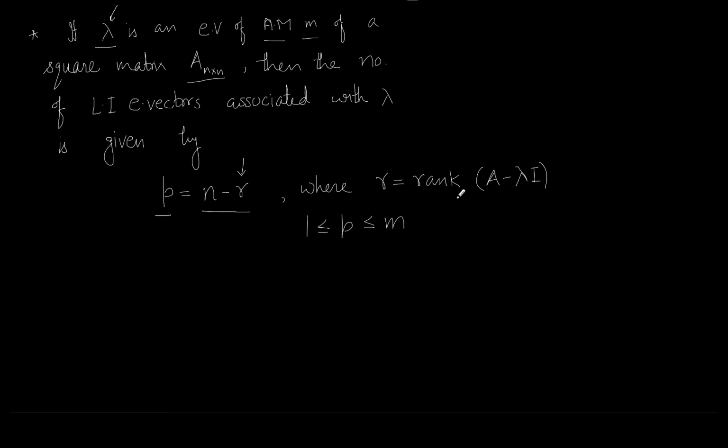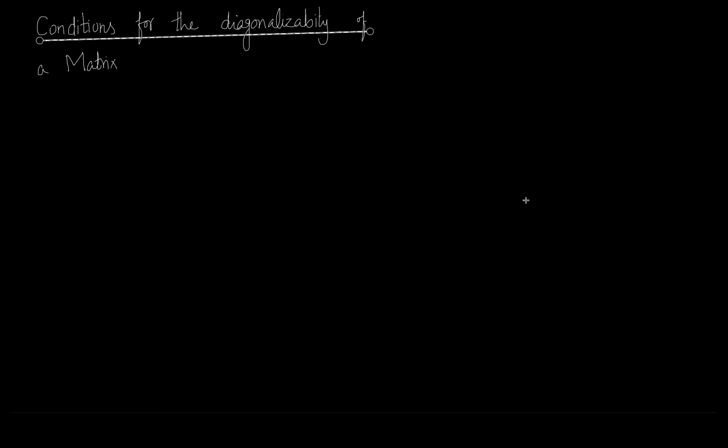Let me recall what the rank of a matrix is. The rank of a matrix is the number of non-zero rows in the matrix after reducing it into row echelon form.